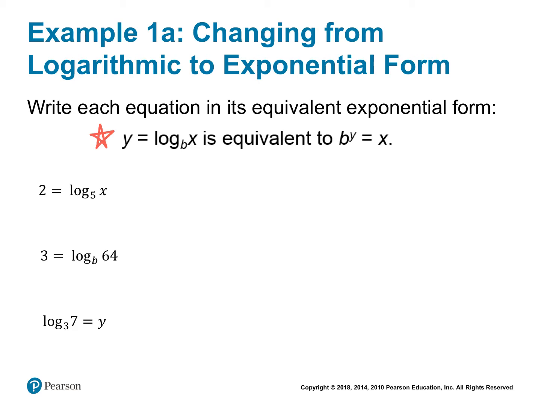So this is the b, which is located right here. We're trying to turn it into this form. So that means that my b, my base, is a 5. Now if I look at my x, that's right here, so we can just put x over here.